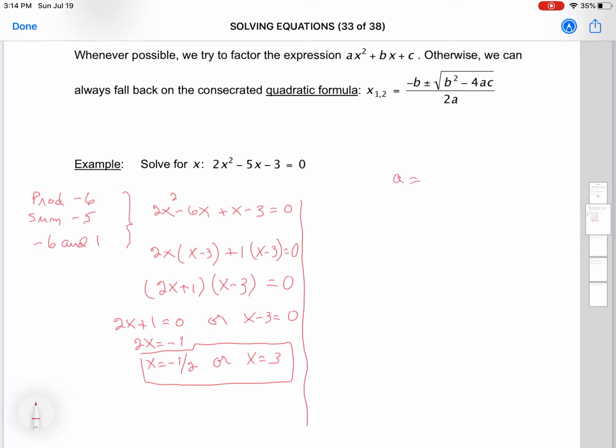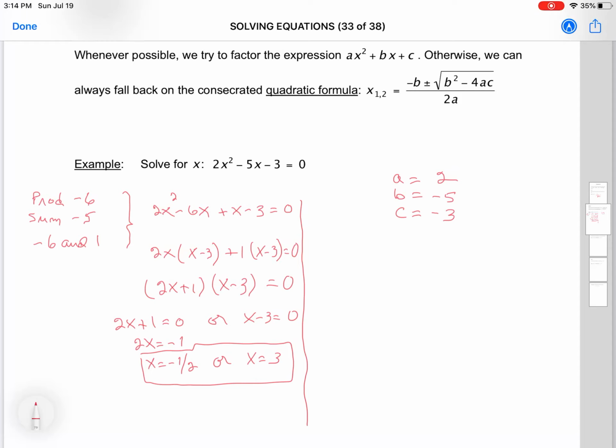Let us see if we can actually do the same, this time using the quadratic formula. So first, let's identify the a, the b, and the c, so that we can replace them properly into the formula. A, coefficient of x squared. B, coefficient of x.